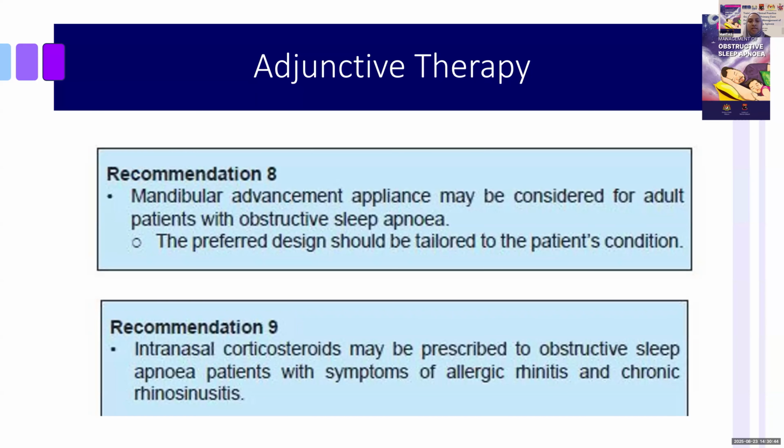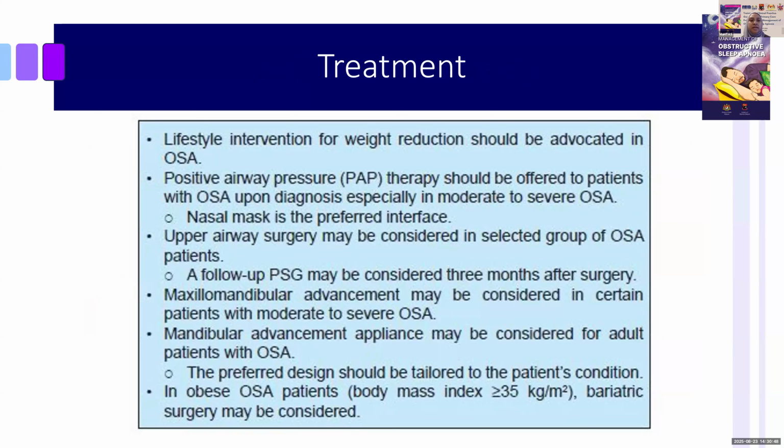So in a nutshell, if we want to summarize the treatment strategies for OSA, lifestyle intervention for weight reduction should be advocated in OSA. PAP therapy should be offered to patients with OSA upon diagnosis, especially in moderate to severe OSA. Nasal mask is the preferred interface. Upper airway surgery may be considered in a selected group of OSA patients.